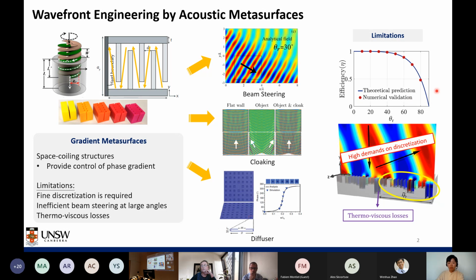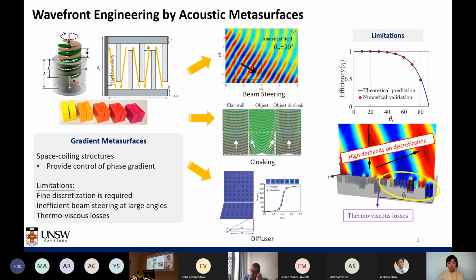As indicated by the top right figure here, you can see that the beam steering efficiency drops with the increase of the steering angle. Also, most of the designs were investigated at audible frequencies. If the design is applied to the ultrasonic range, the complicated internal structure will increase the fabrication complexity and also induce significant thermal viscous losses.